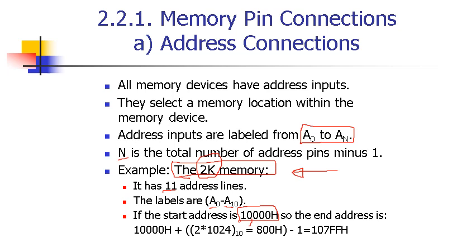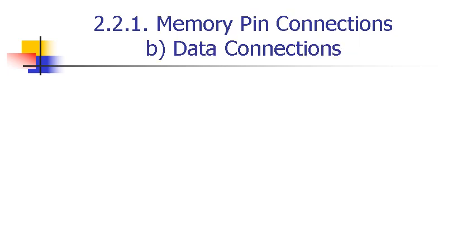Your ending address should be the 2K minus 1 offset, which is this value. So your memory starts at this address and ends at this address. Okay, so this is regarding the address connections.